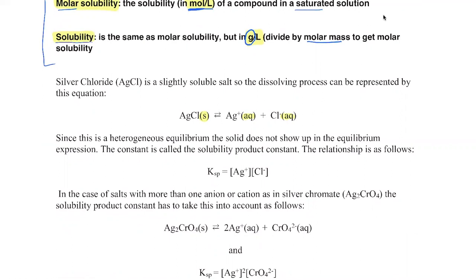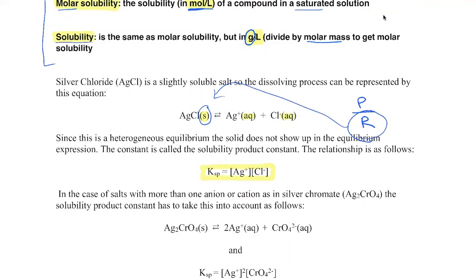When we determine the KSP expression for a slightly soluble salt, it's still products over reactants, but our reactants are always going to be solids, because this is the dissolution reaction of that particular solid.